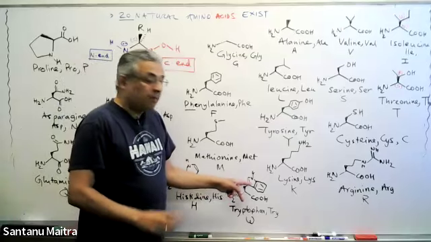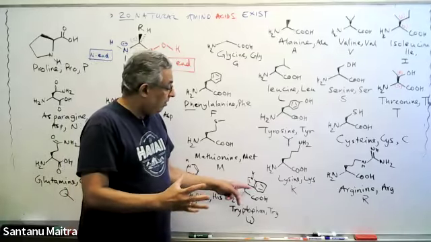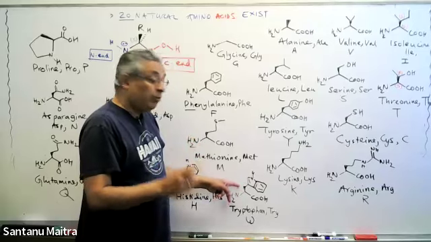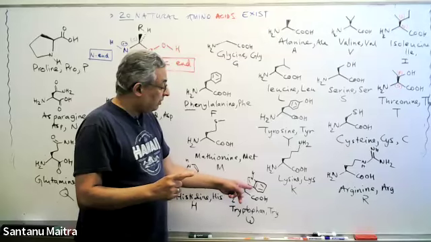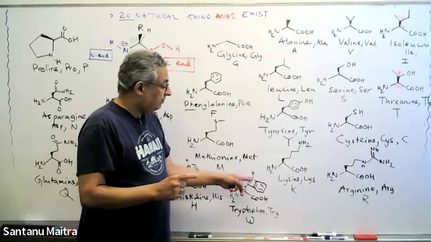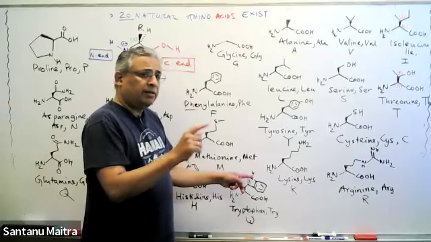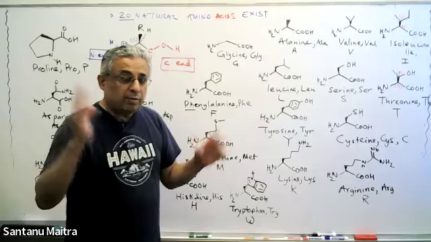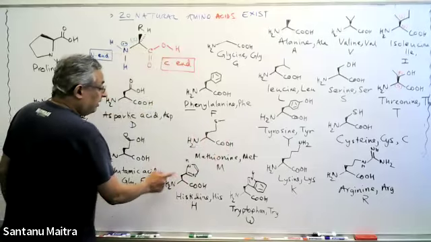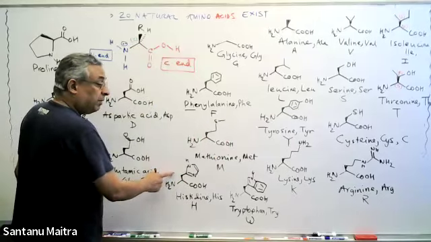Tryptophan has a bicyclic aromatic ring on the side chain connected with one CH2, connected here next to the junction, and the nitrogen is at the other end of the 5-member ring. You have to just kind of memorize it. Histidine is pretty critical. This guy is pretty important.